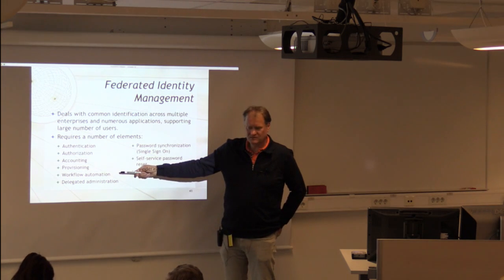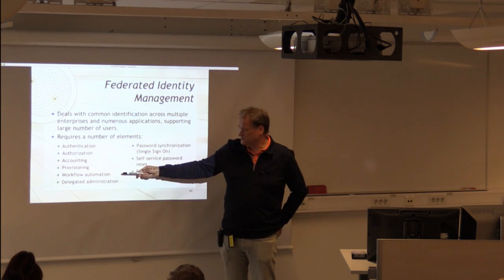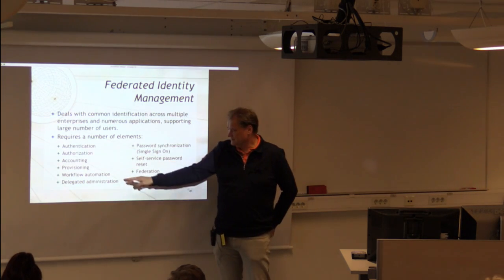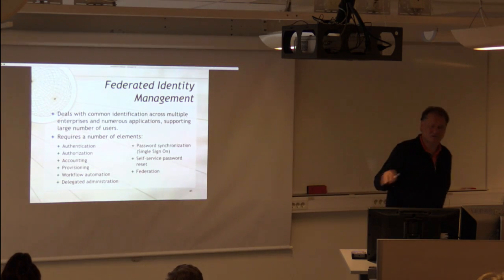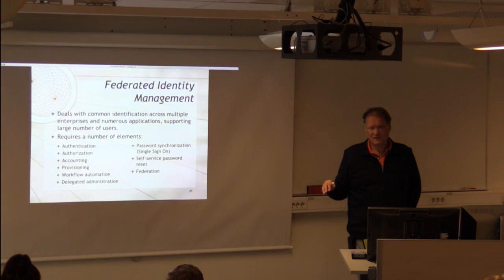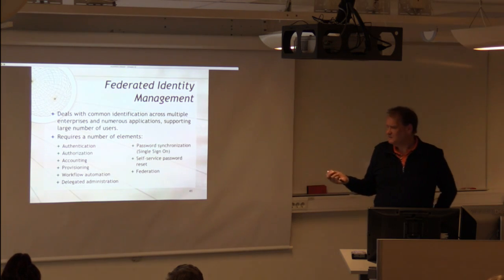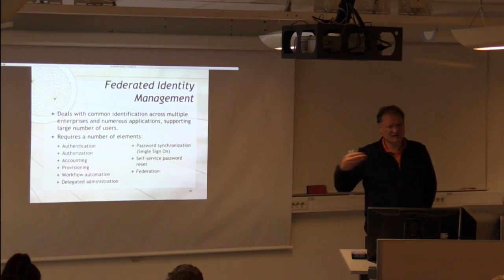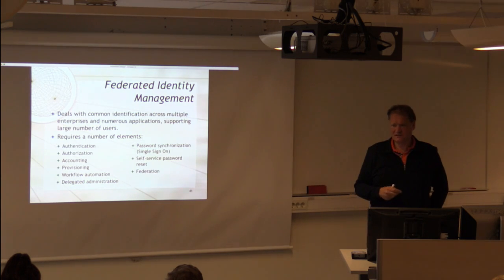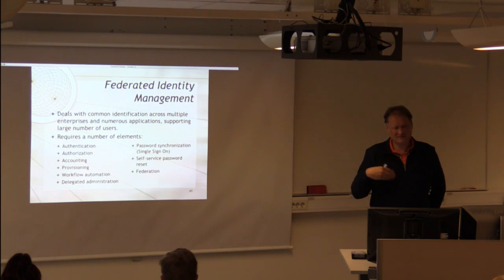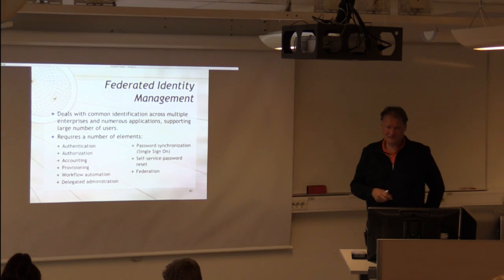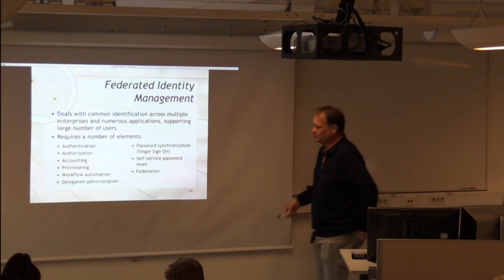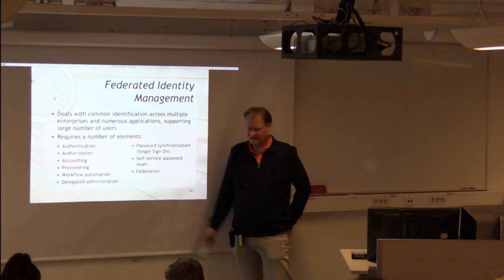There needs to be some automation here because we are talking about situations with hundreds or millions of users. Delegated administration. The idea is that we have many different organizations involved here. And that means in order for this to work, we actually have to delegate some administration to someone else. We couldn't do all the things ourselves. That also means that we have to trust someone else. Exactly what we delegate here can vary.